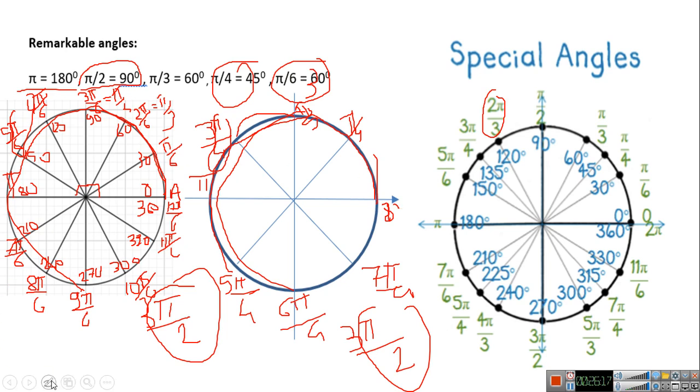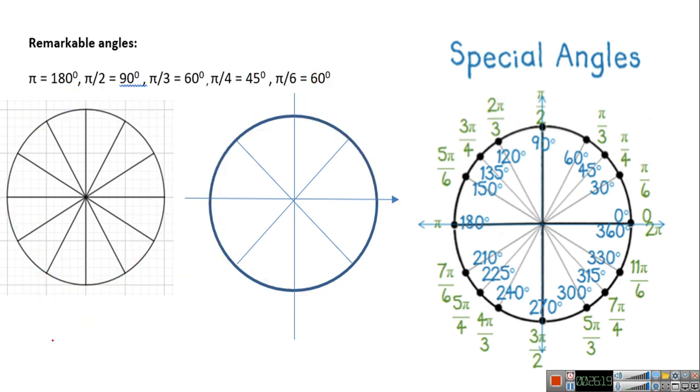Let us clean this mess here. These are the degrees, the 45 here in the middle. You can go in radian: pi over 6, 2 pi over 6, 3 pi over 6, 4 pi over 6, 5 pi over 6, 6 pi over 6, 7 pi over 6, 8 pi over 6, 9 pi over 6, which means 270, 10 pi over 6, 11 pi over 6, and 2 pi.